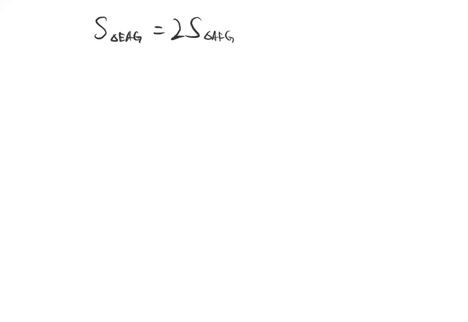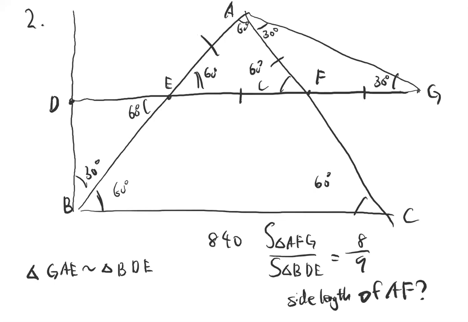If this is the case, then from similar triangles, we know that the ratio between the side lengths has to be the square root of the ratio between the areas. So what we can get out of this is that AEG is 2 times AFG in terms of the area.